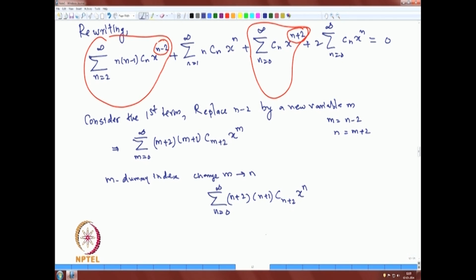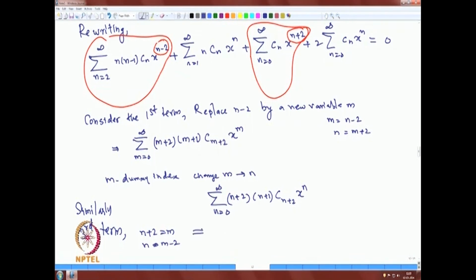And similarly, if we do the same thing for the third term, we make n plus 2 equal to m, or n equal to m minus 2.